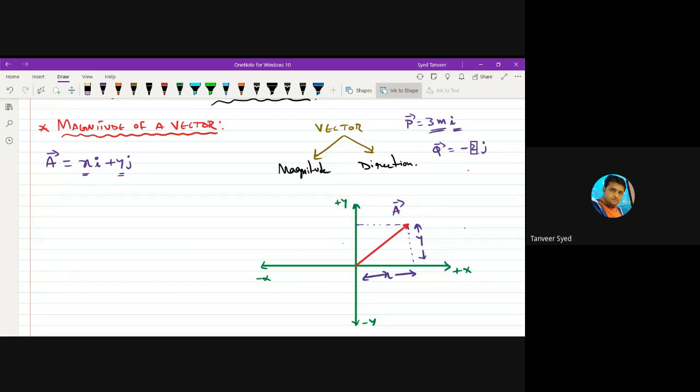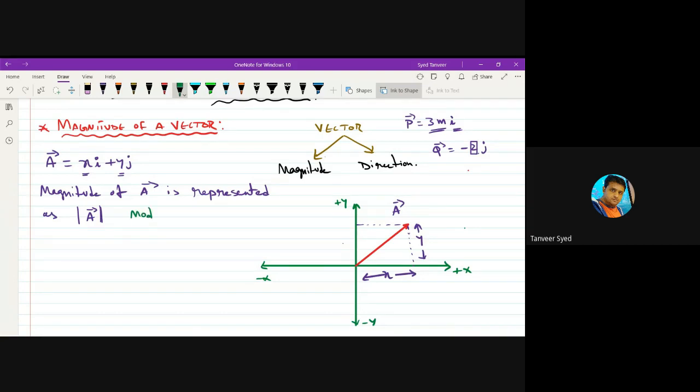The magnitude of vector A is represented as mod A. How do you read this?